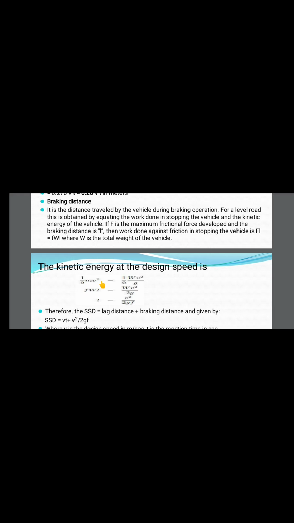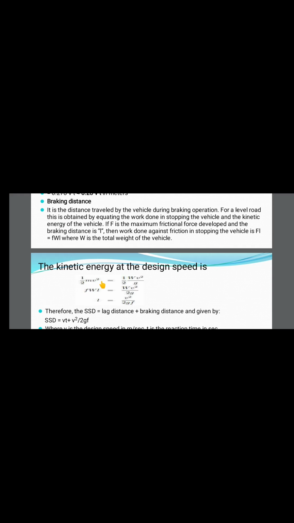Therefore the stopping sight distance is equal to the lag distance plus the braking distance. Lag distance is vt, braking distance is v square by 2gf. Here v is in meters per second and t is in seconds.